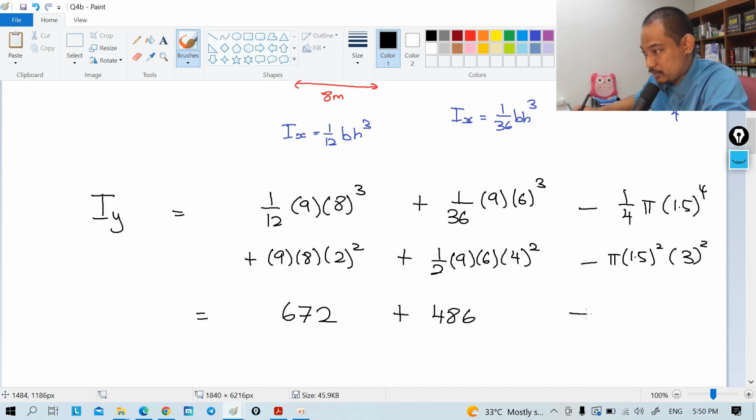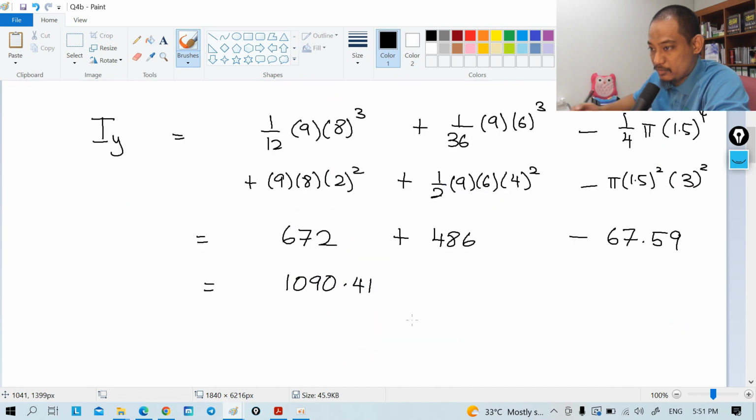So this one is minus 67.59. So if you add, 672 plus 486 minus 67.59, 1090.41. This is meter to the power of 4.